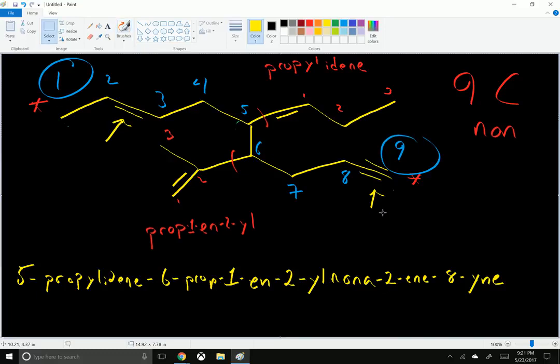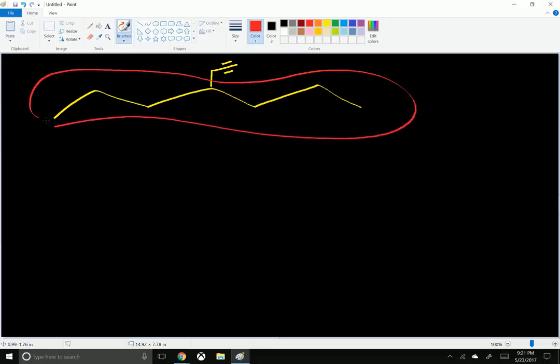Here's something I know I haven't covered so far. Let's go ahead and look at one last example, fairly simple, hopefully. There we go. Now I know that that's a side chain. Okay, so this right here is our longest possible chain. That's our main chain, and it has 1, 2, 3, 4, 5, 6, 7, so it is heptane.